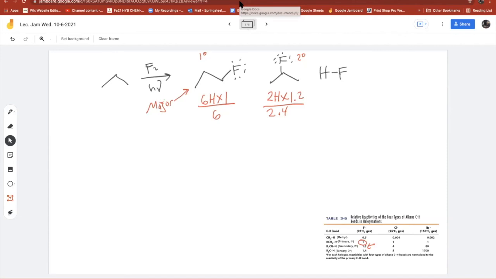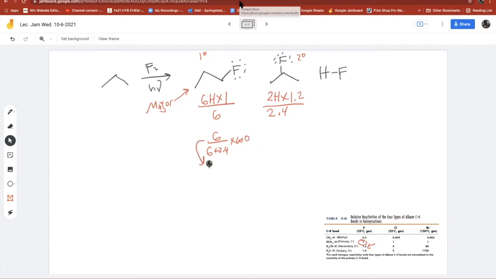Let's do the percent yield. It's going to be 6 over 6 plus 2.4 times 100, which equals 71%.